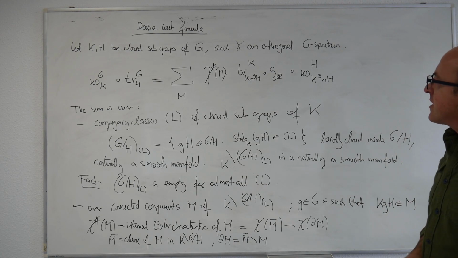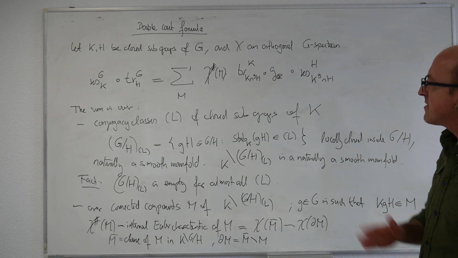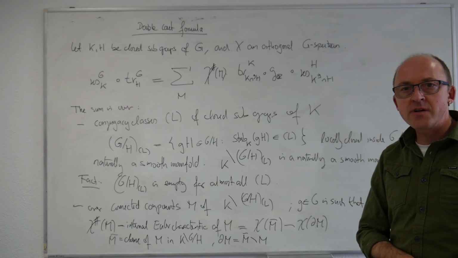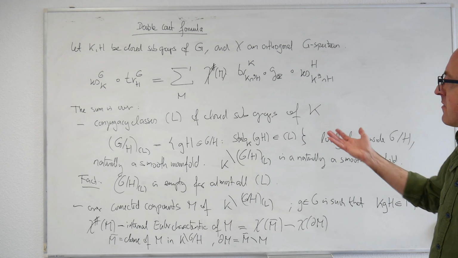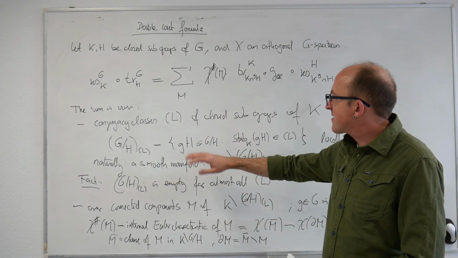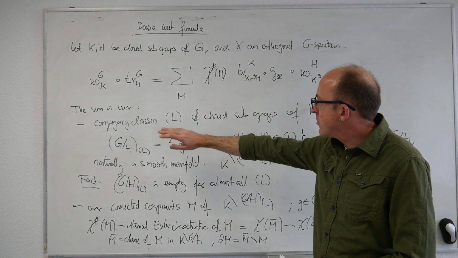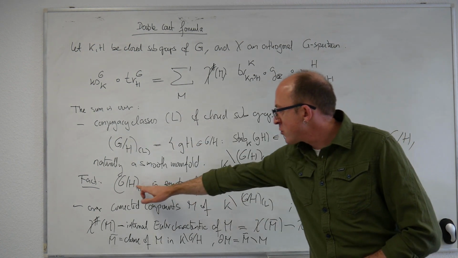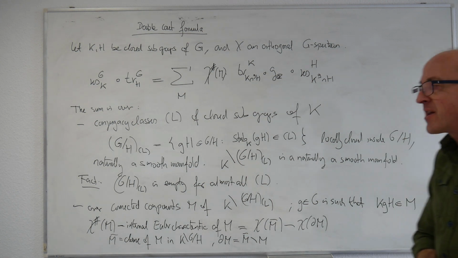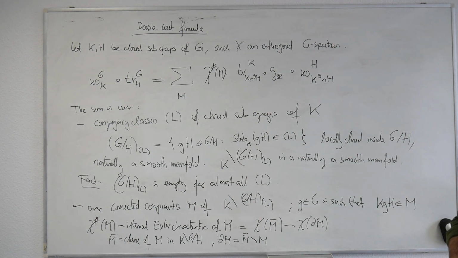Now everything's defined, the formula makes sense. I've told you what the sum is actually over. The sum turns out to be a finite sum because two non-obvious facts happen here: there are only contributions from finitely many conjugacy classes, and this manifold, while it's not compact, only has finitely many path components.